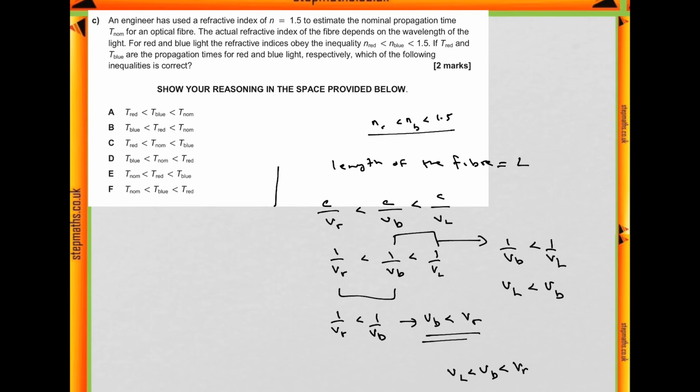Therefore, the inequality is going to be in the same order as the refractive indices. So we're going to have T red less than T blue less than T nominal. Okay, so which one is this? T red less than T blue less than T nominal. So the answer is A.